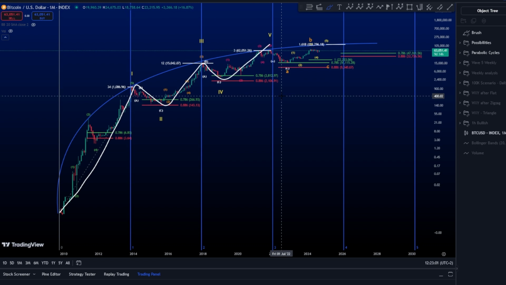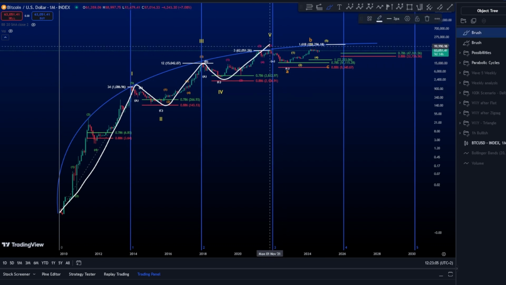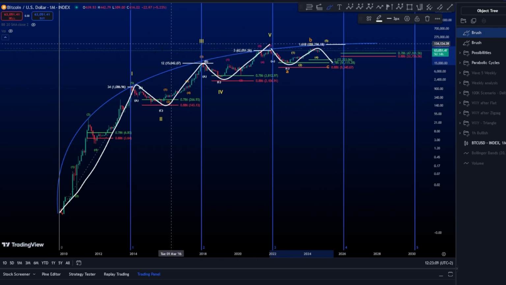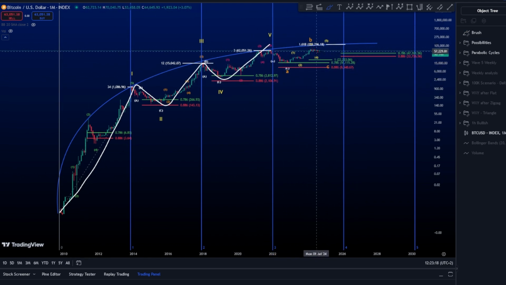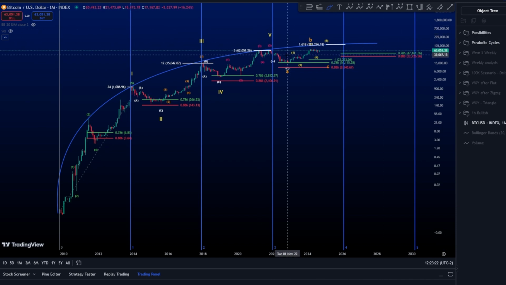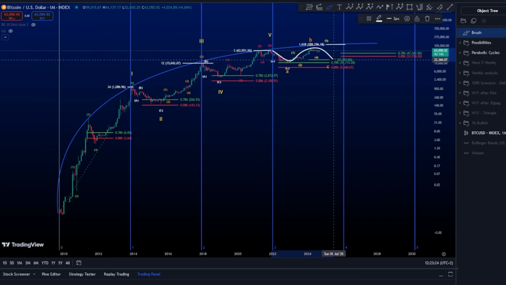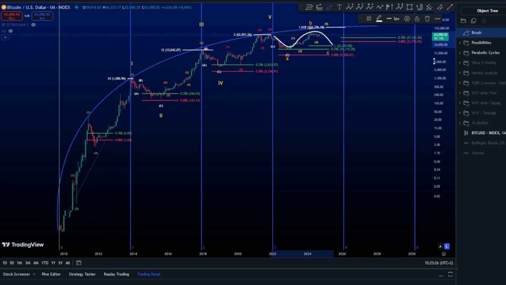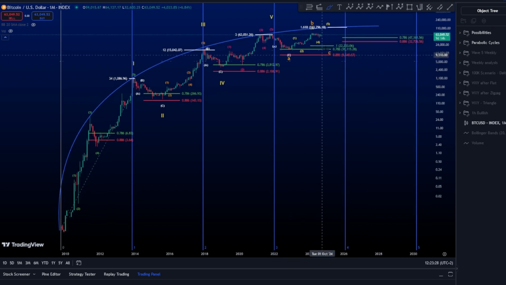Therefore, if you want to think about it, you would think you need to see clearer 3 wave correction for this big, massive impulse, right? Therefore, this is your bearish scenario on the monthly. I'm not saying that we are going down now with Bitcoin, of course. That says potentially that we are also bearish for 3 corrective waves.